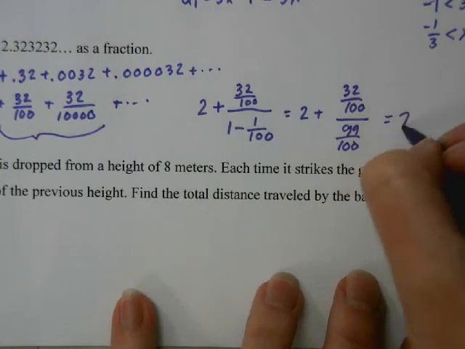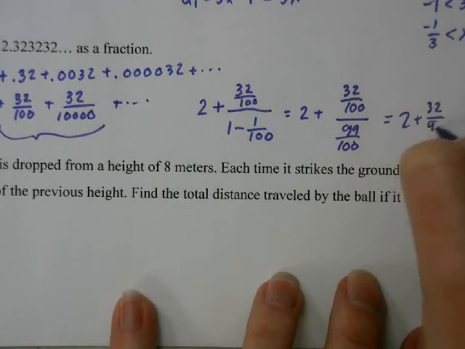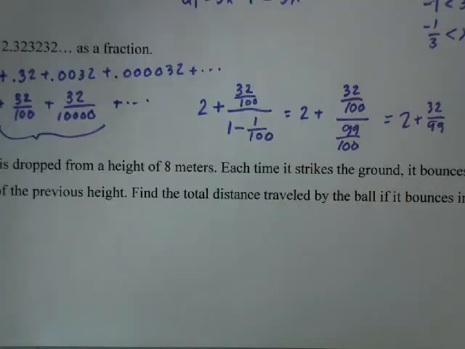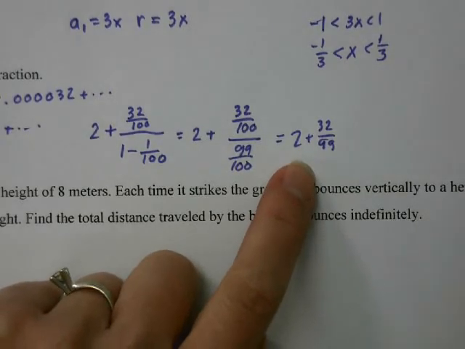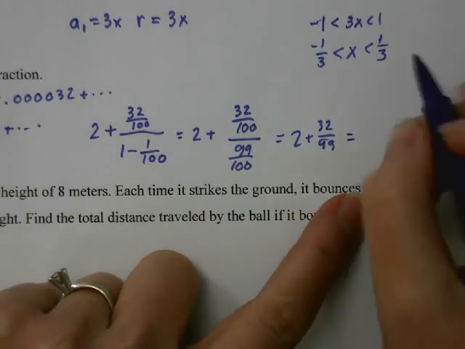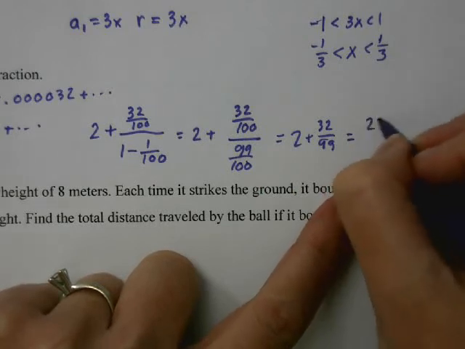So we're going to have 2 plus 32 over 99, which you can multiply by 99 over 99 and add, but we're going to get 230 over 99.